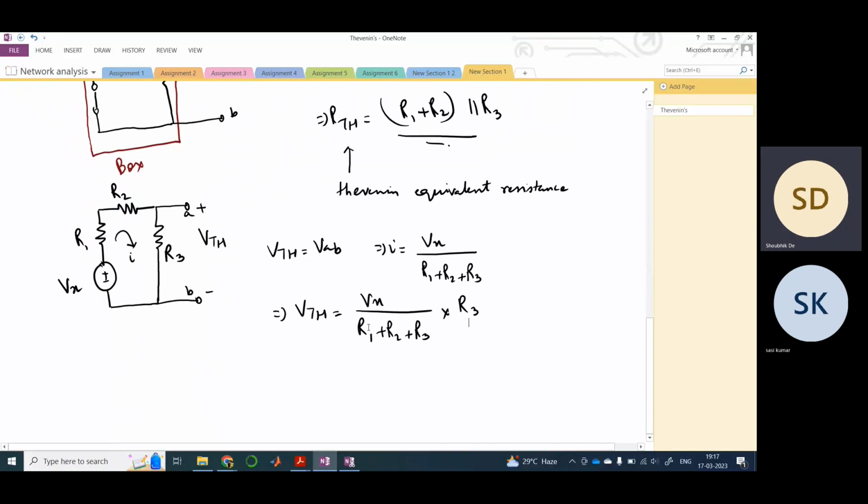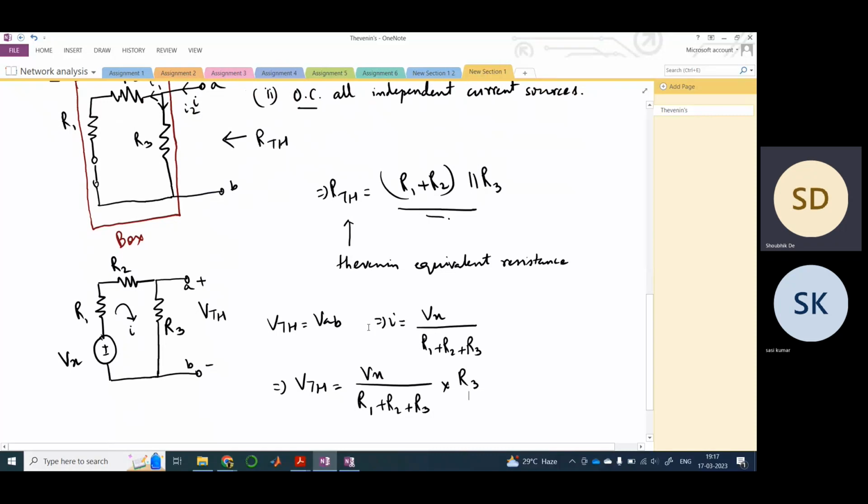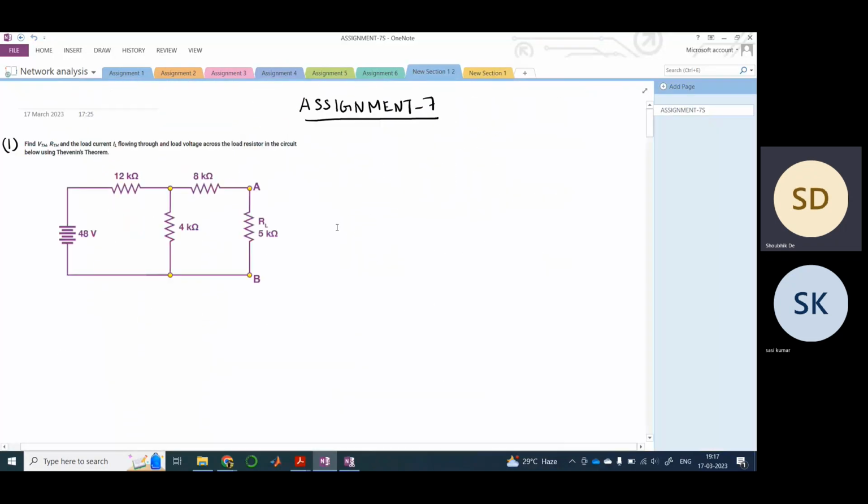Now we will also solve Norton's theorem. While we solve Norton's theorem, I'll explain how to solve the problem. Let us now solve a simple problem and understand the concept behind Thevenin's theorem. These are not assignment problems.